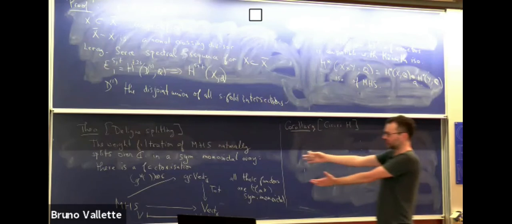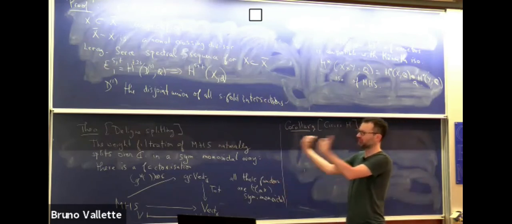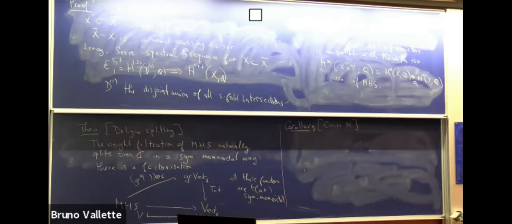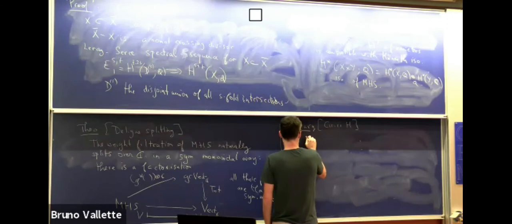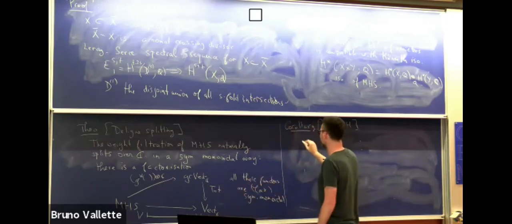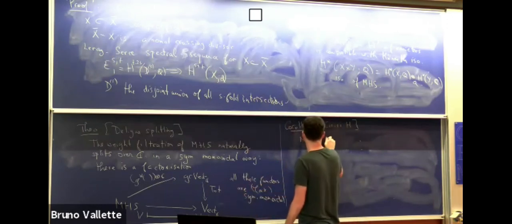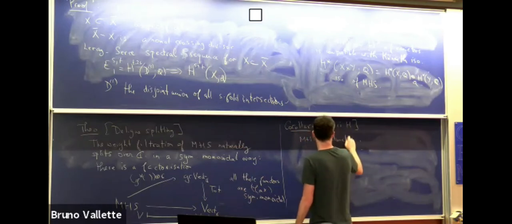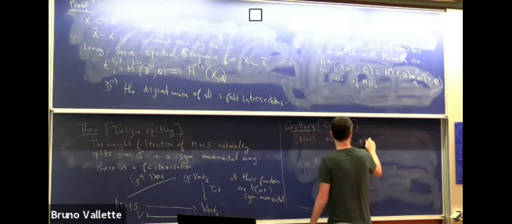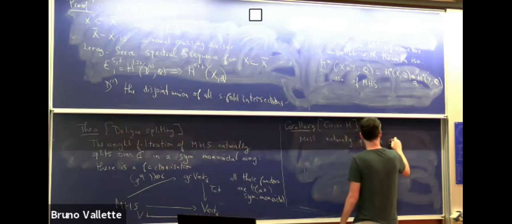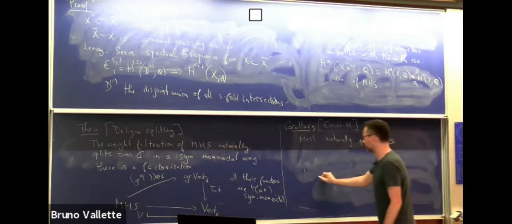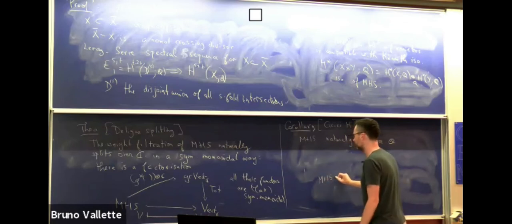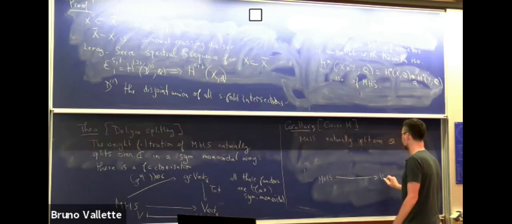From this splitting over the complex numbers, you can actually deduce a splitting of the weight filtration over Q. So the same result works over Q, meaning that you can produce a similar diagram, but now you don't tensor with C anymore.